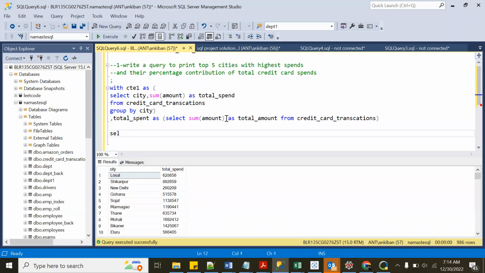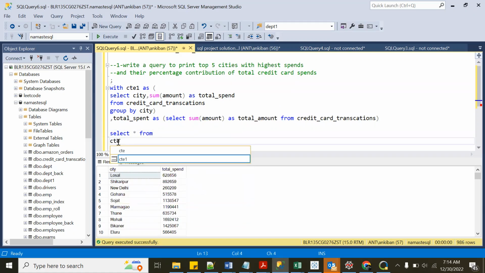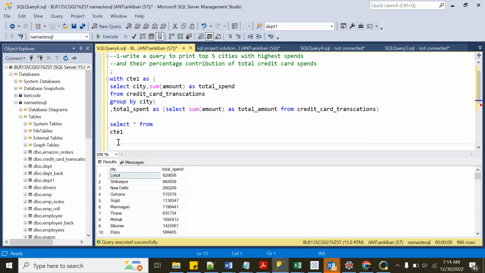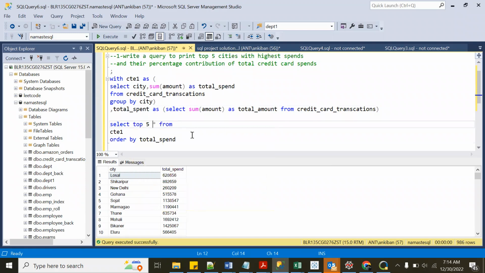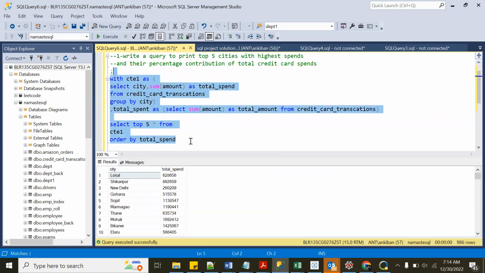And then I need to select star from CT1 and order by total spend. If I say top 5 star, I will get the top 5, right?